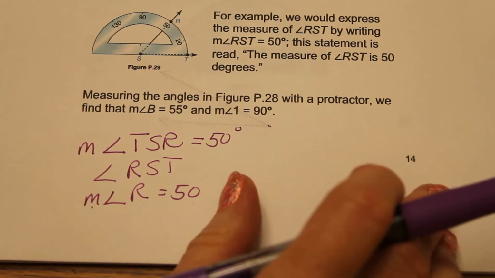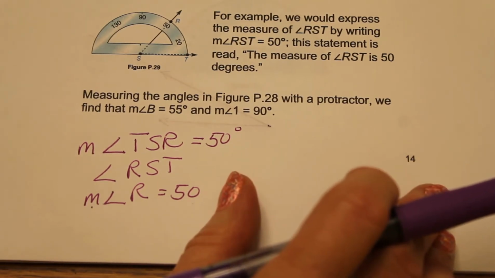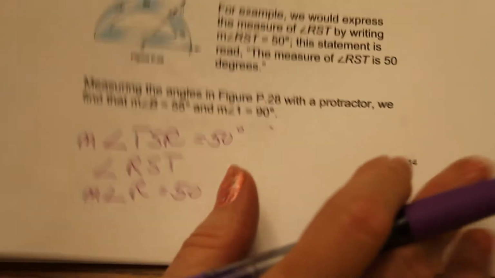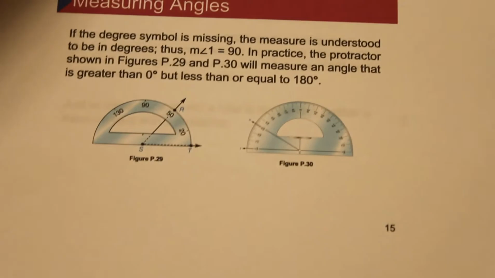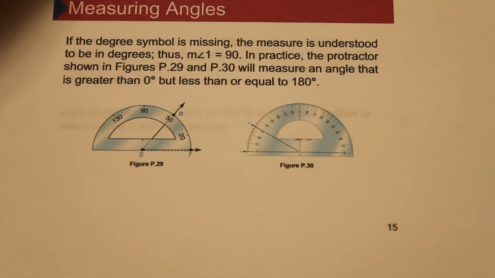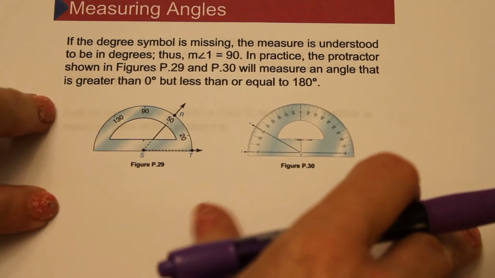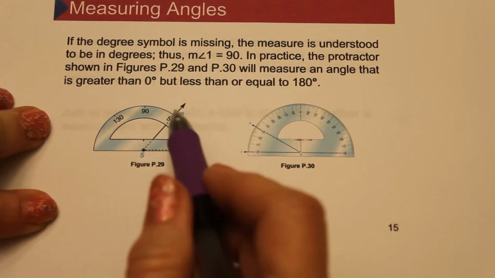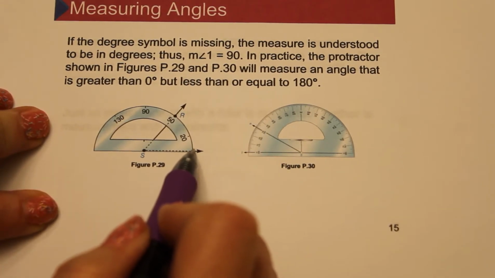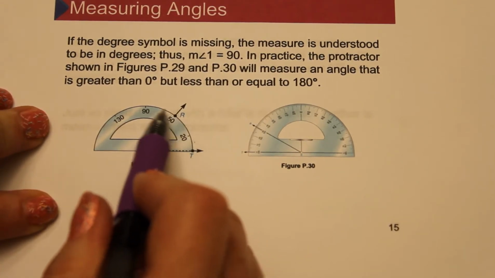Measures are numbers. Angles can be congruent, same shape and same size, but measurements are what are equal. So I've already given you a little tutorial here. But if I'm measuring this angle, I want to make sure I measure from the 0, 10, 20, 30, 40, 50.